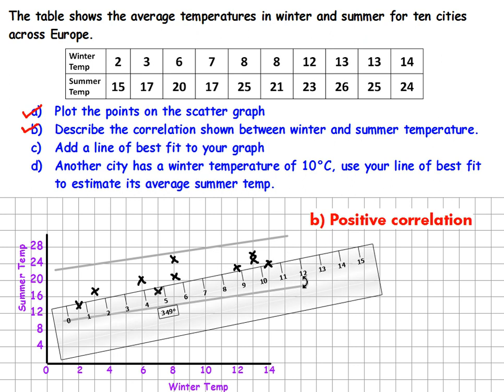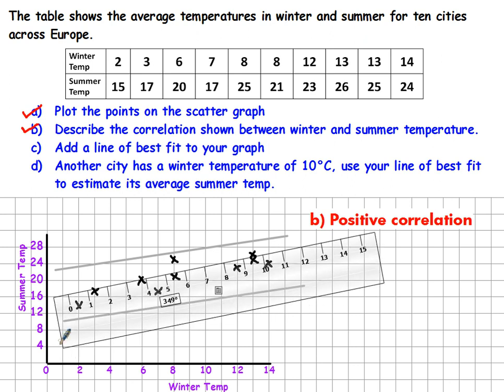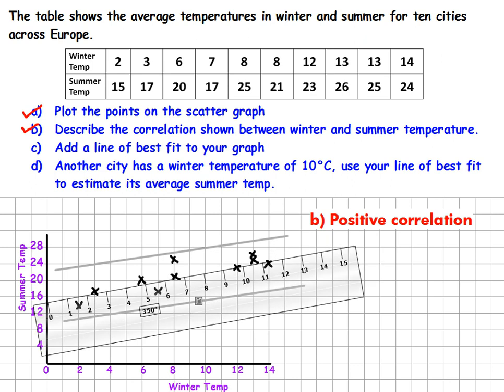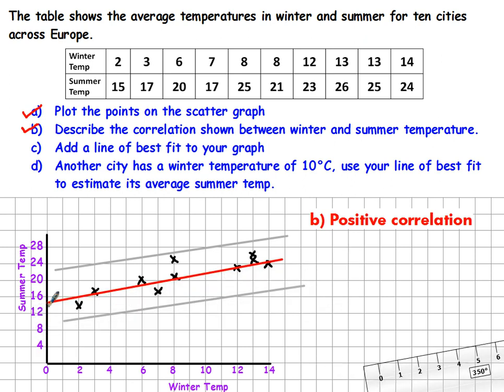So we need to make sure it's within the boundaries all the way along, from the start to the end. So once I've got it where I want it, I'm going to draw my line of best fit. I'm actually going to draw that in red, so it's nice and clear. Okay, goes all the way from the start of the graph, the first axis, all the way to the end and outside.